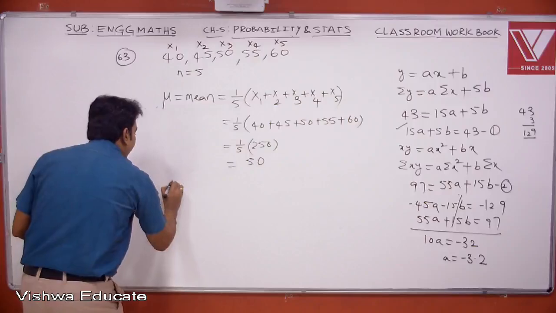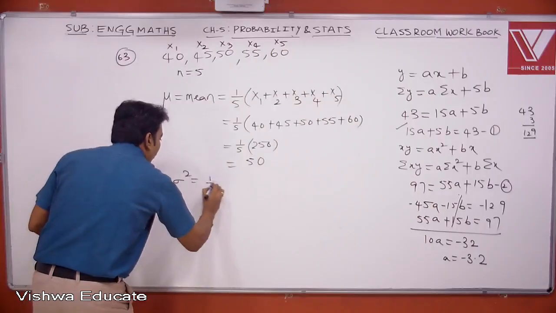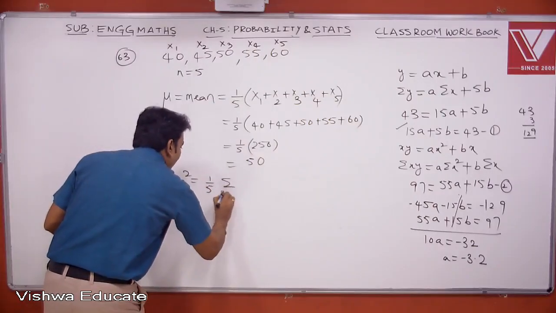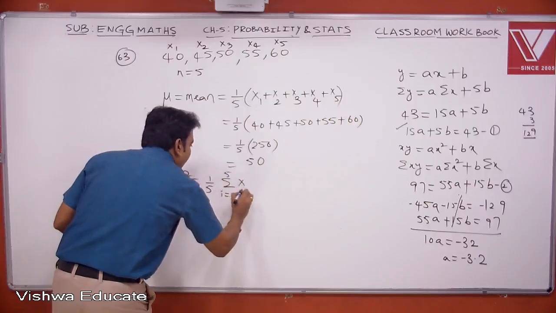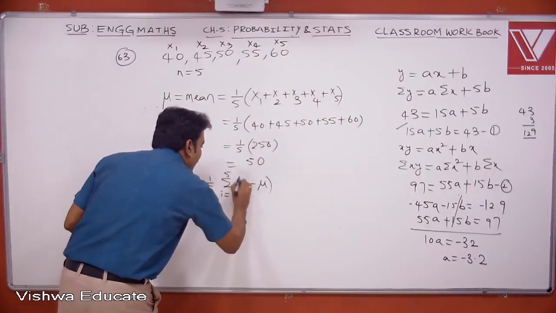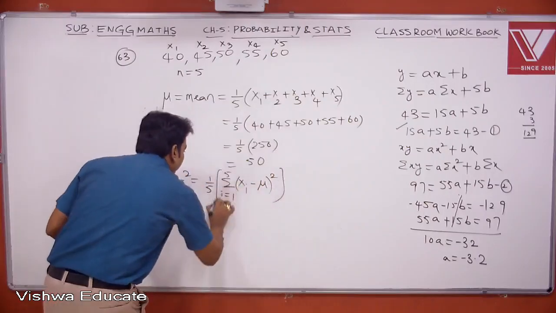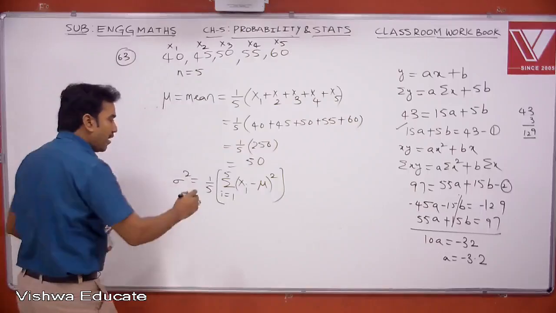Now to get the variance, sigma square is 1 by 5 into the summation i equal to 1 to 5 of xi minus mu whole square. This formula gives me the variance of data of 5 values.